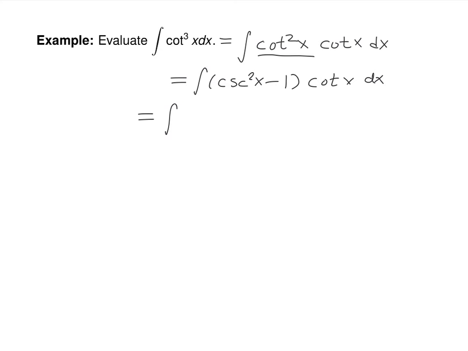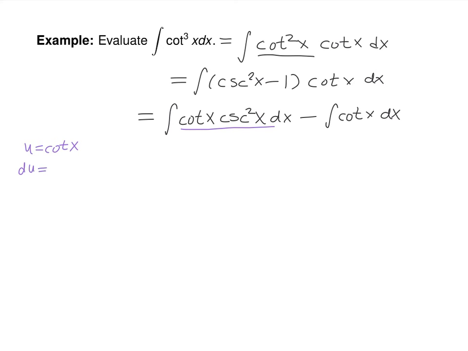We have the integral of cotangent x times cosecant squared x dx minus the integral of cotangent x dx. Now this first one is so deceptively simple, it's easy to think that it can't possibly be this way. For this first one, you actually let u equal cotangent. And the reason is the derivative of cotangent is negative cosecant squared x.